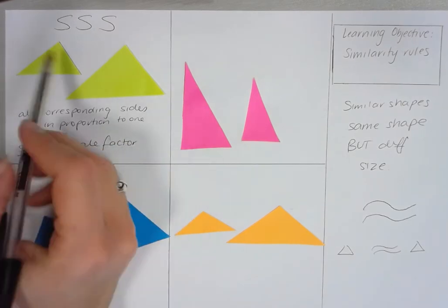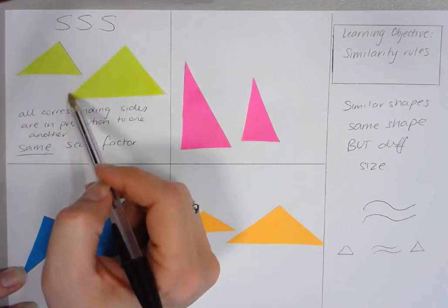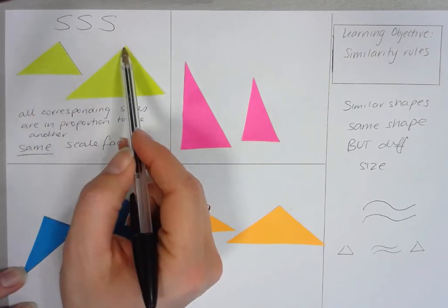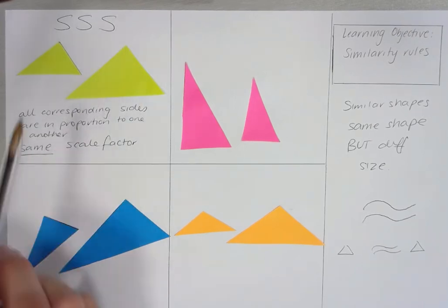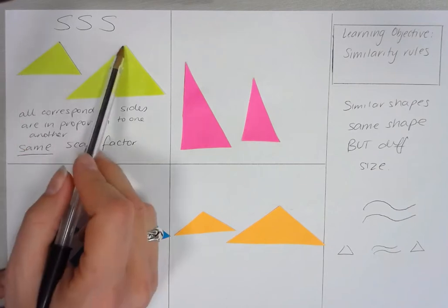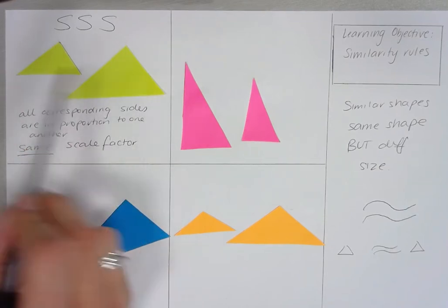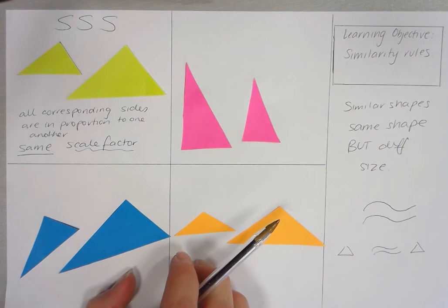So if we've multiplied this side by 2 to get this side, then the scale factor between this one and its corresponding side, this one, will also be 2, and the same goes for this one. If you compare all pairs of corresponding sides, you should get the same scale factor each time.